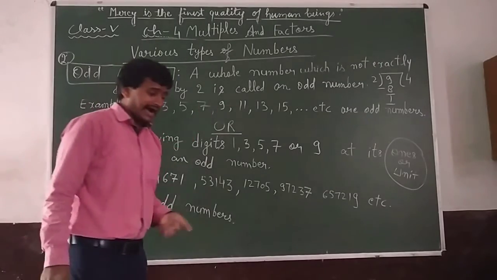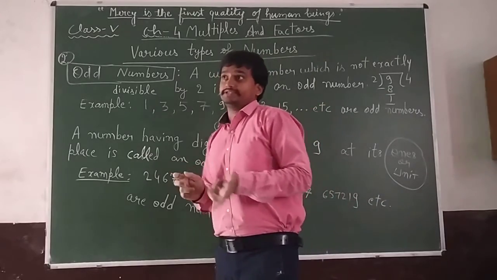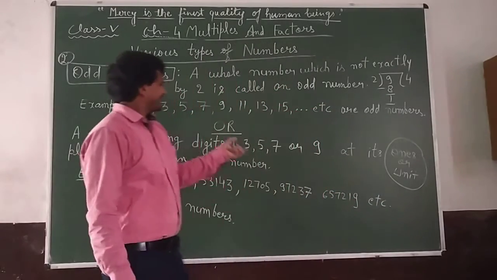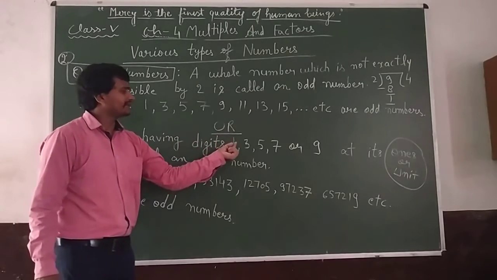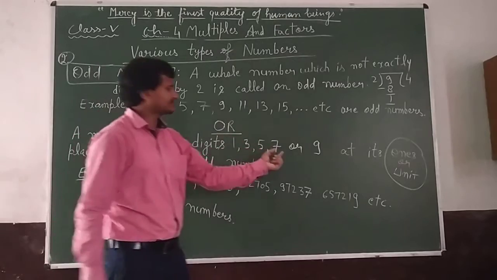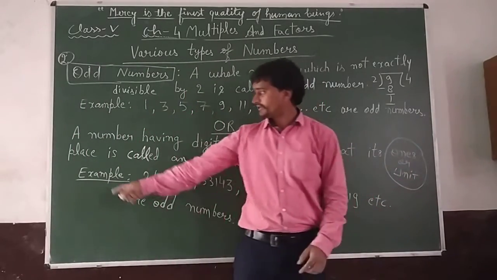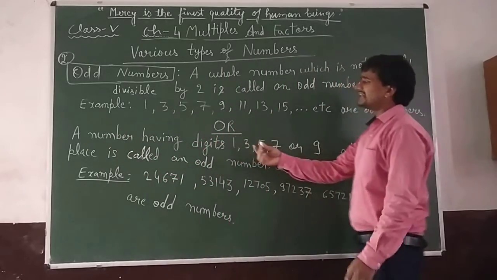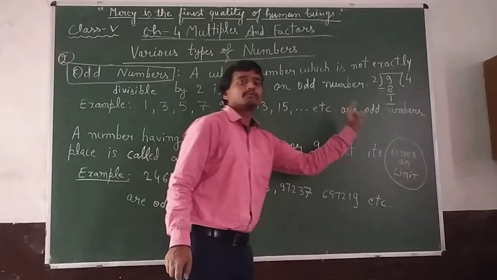Next, how do we identify whether larger numbers are even or odd? Similar process: a number having digits 1, 3, 5, 7 or 9 at its ones or unit place.